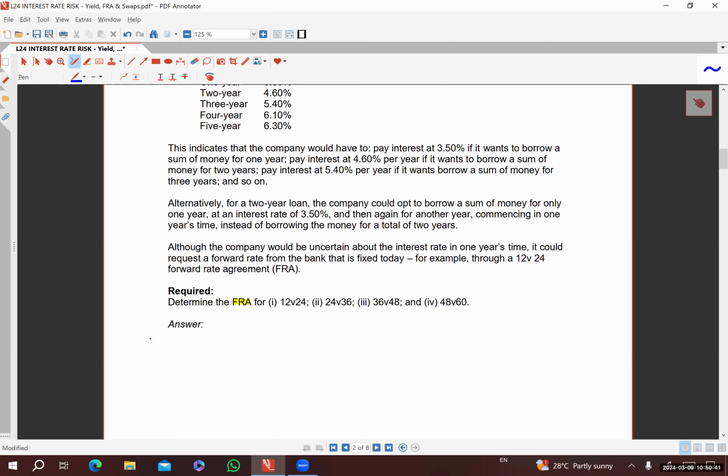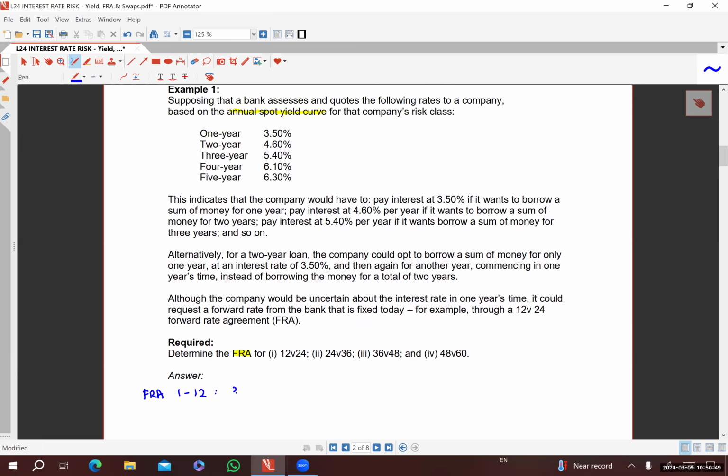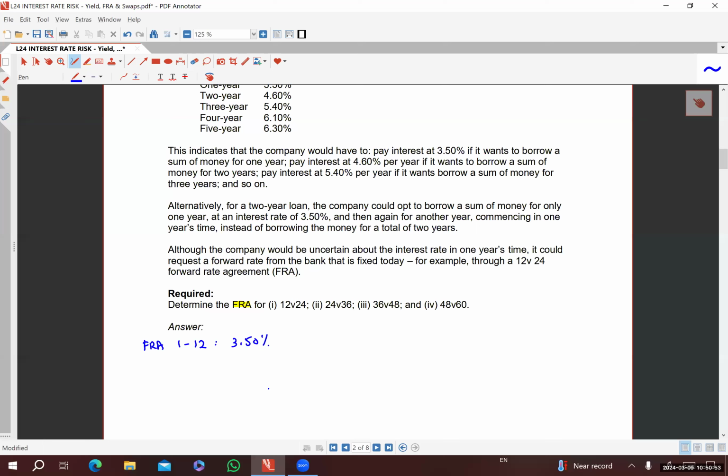First, from 1 to 12, the spot yield is 3.5%. That will be the same, 3.5%. Now, this 1 versus 12, or 1 to 12, they normally indicate with this V. This indicates months.